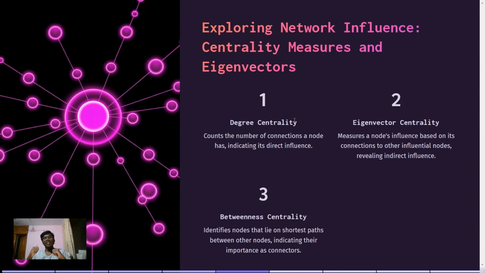So eigenvector centrality gives an indirect influence, and degree centrality gives a direct influence. And betweenness centrality identifies nodes that lie on the shortest path between other nodes, indicating their importance as connectors.